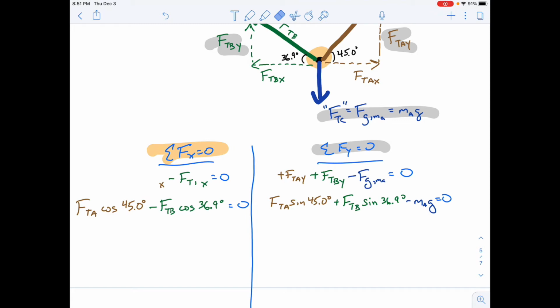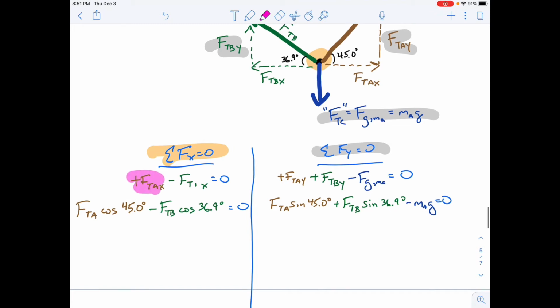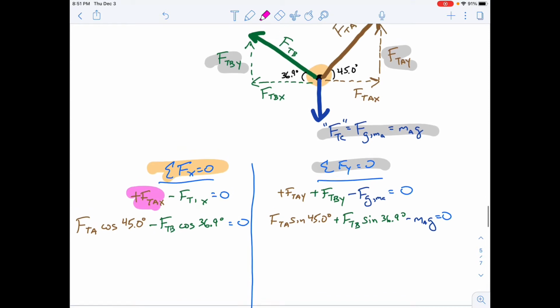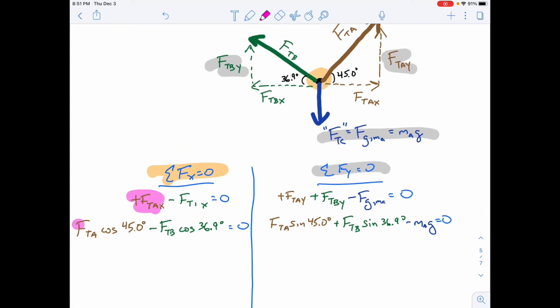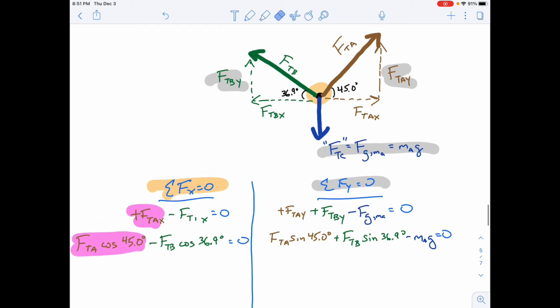But we have to realize, hey, this x component, well, isn't that equal to the cosine times the angle with the hypotenuse involved? Like, here's the x component.